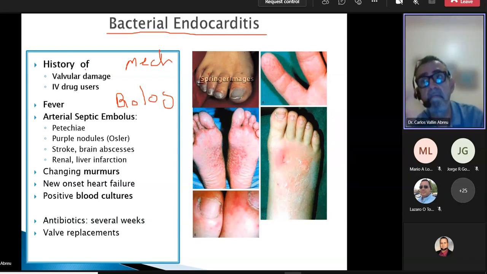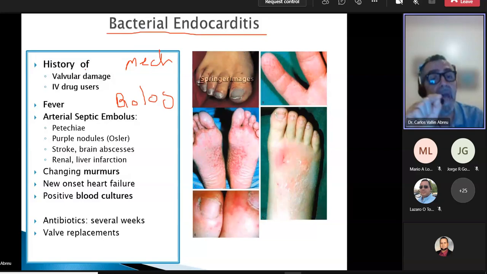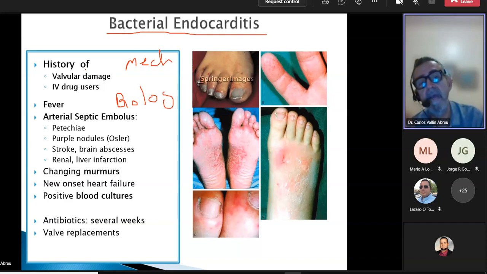These mechanical valves are very good, they last lifelong, but have a defect. They have a tendency to produce clots, which is no good, because clots in the heart can be pumped to any part of the body. For that reason, clients who had a mechanical valve replacement need to be lifelong on anticoagulants, generally warfarin.